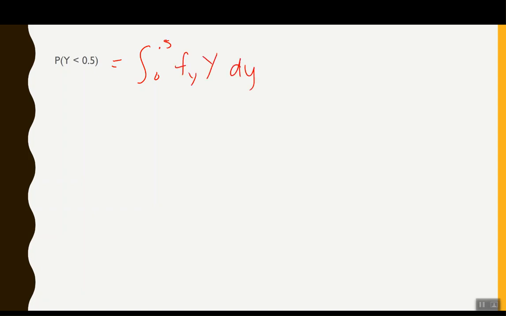We're just looking at that marginal density function. So then I would have from 0 to 0.5 of 12. And remember, we now don't have an x value because we're just looking at this part of our function.